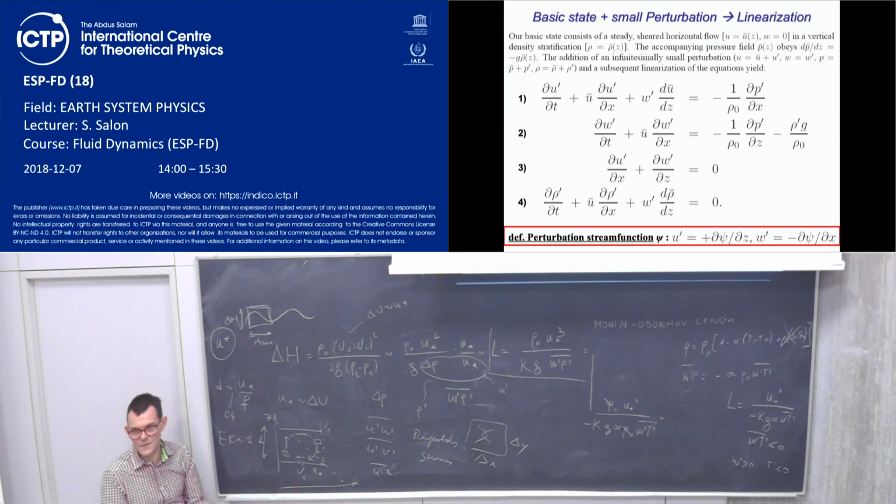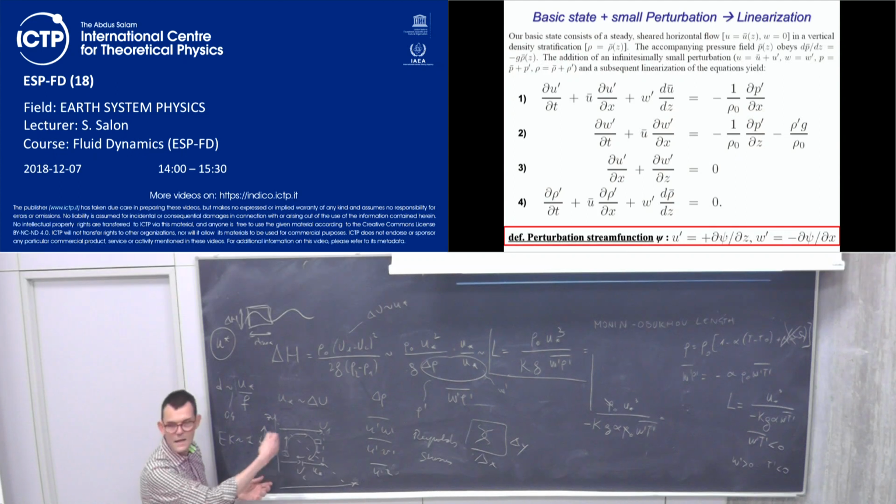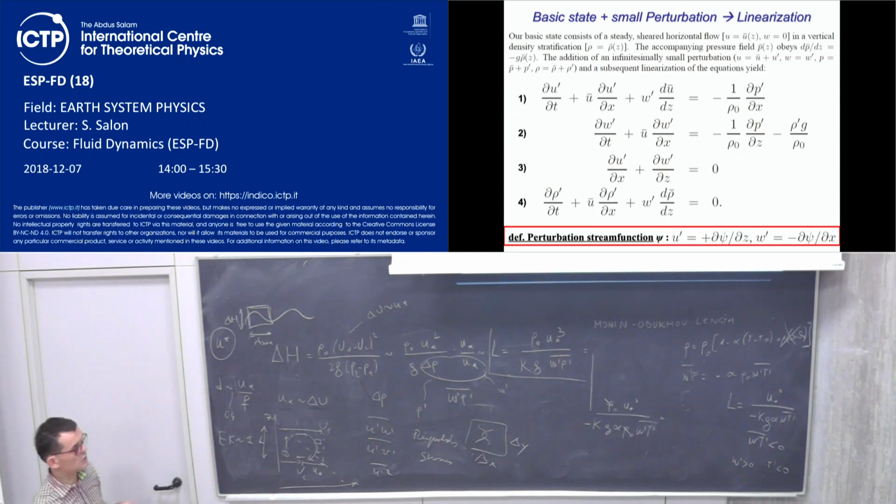On the other side, the stratification tries to restore the initial balance. Because if you stop the velocity shear, of course, the eddies completely start to disappear, and there will be no energy source to create the instability, and so we will come back to the initial situation.